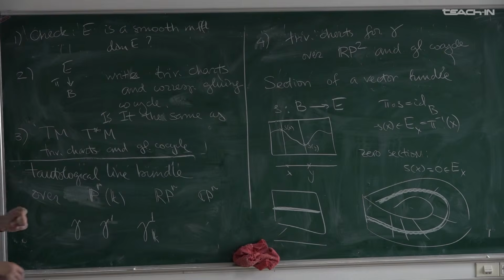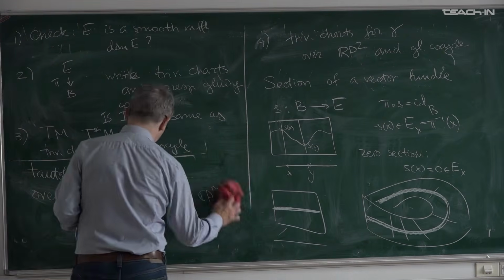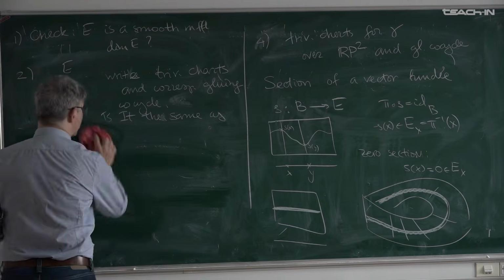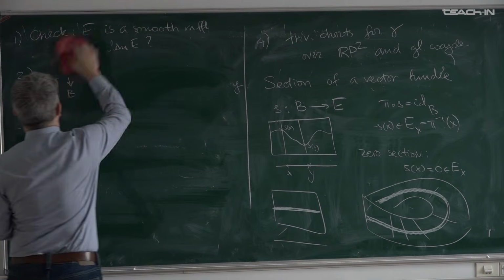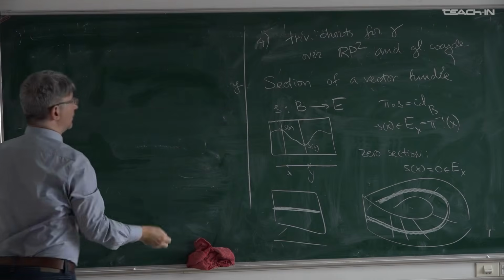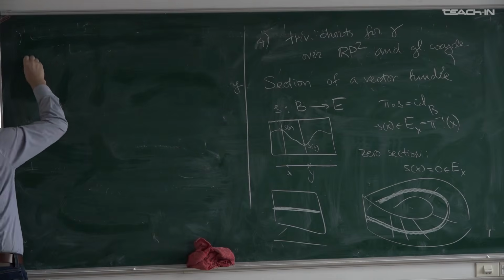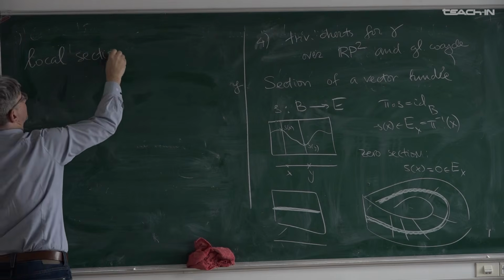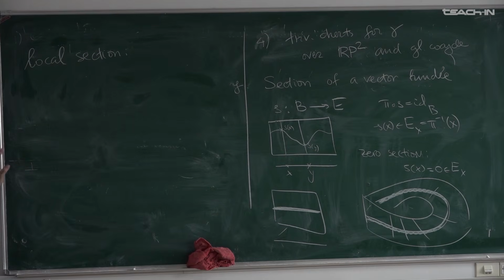Okay, so the zero section always exists, but I don't want to speak about the zero section. I want to speak about a very specific collection of sections. So, local section. It is a section which is defined only on some open subset.